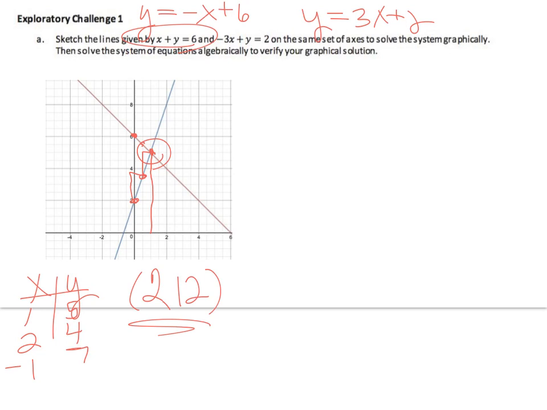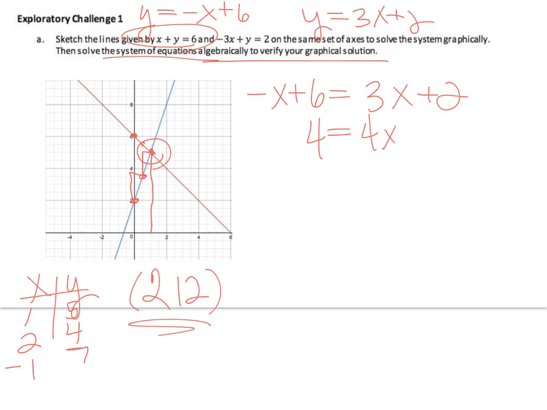But it does want us to solve the equations algebraically. I just set them both equal to y, so let's go ahead and use that and solve for x. So 4 equals 4x. Ooh, x equals 1. What did I do?